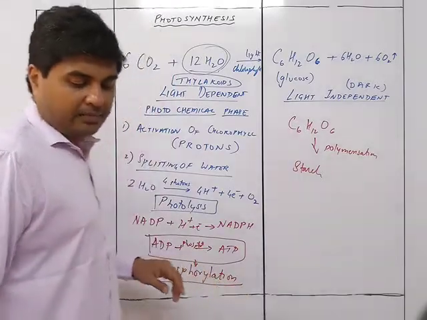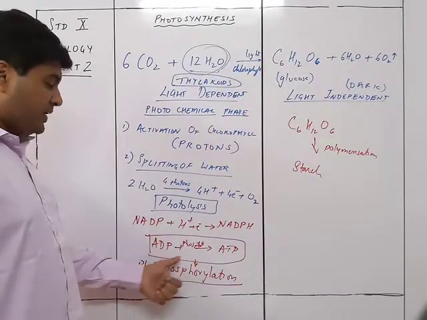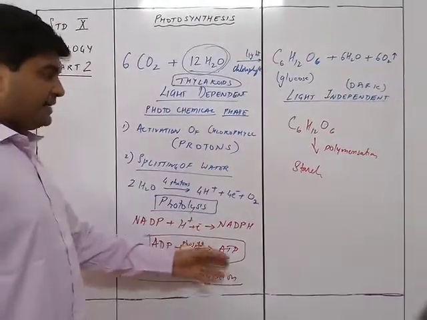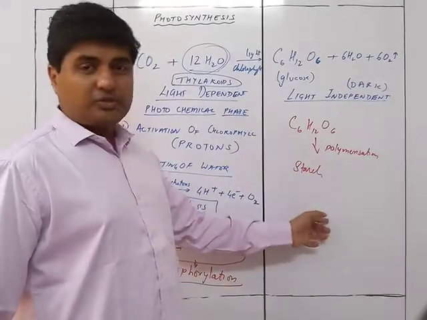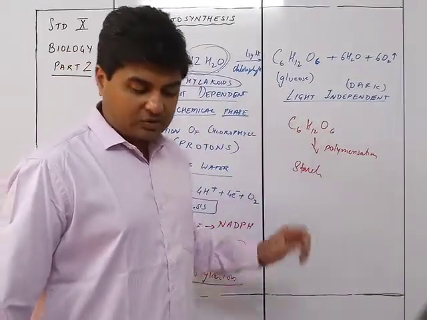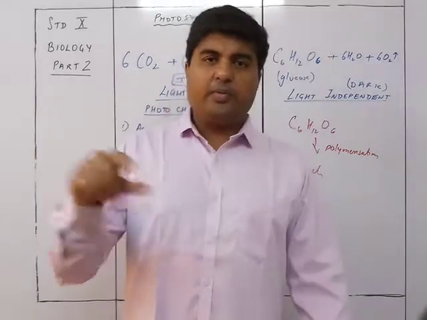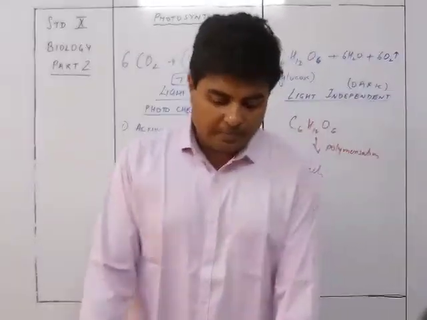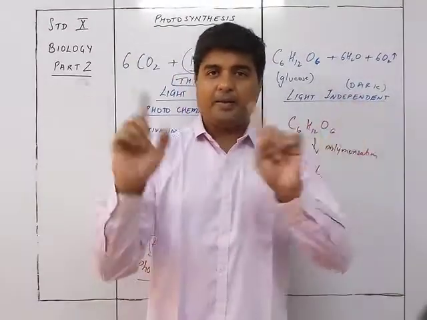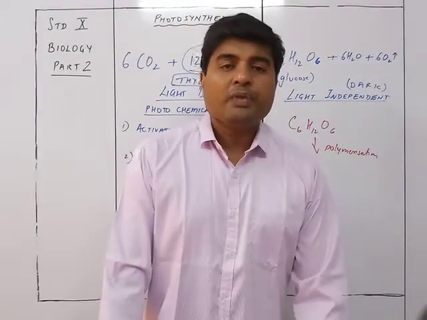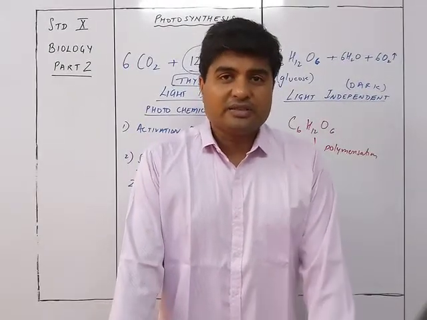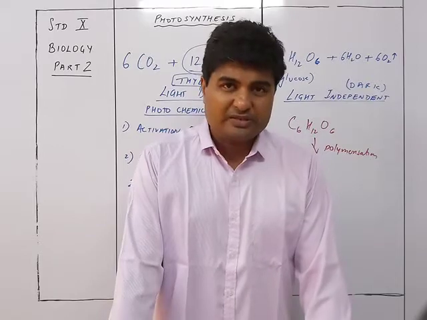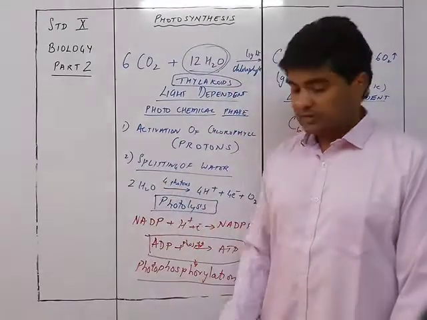Every time, ADP is converted into ATP, and then the ATP on using this process becomes ADP again. So ADP to ATP, ATP to ADP also cycle around during the light independent and dependent phases. So this is how the chemical processes take place during photosynthesis.